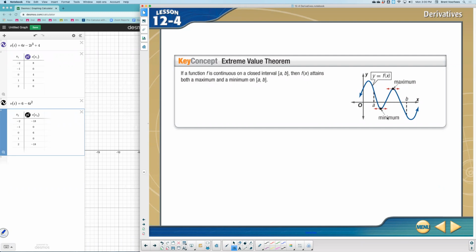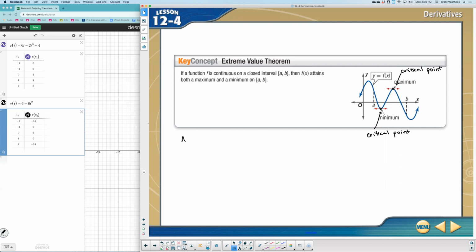Now, here's one thing that's wrong with this picture. When you check this, we're going to look for what's called a critical point. These points right here would be called critical points. Anywhere the graph changes is a critical point, and it's going to happen when the derivative equals 0.